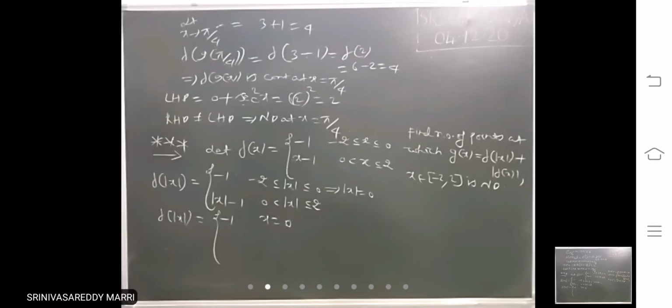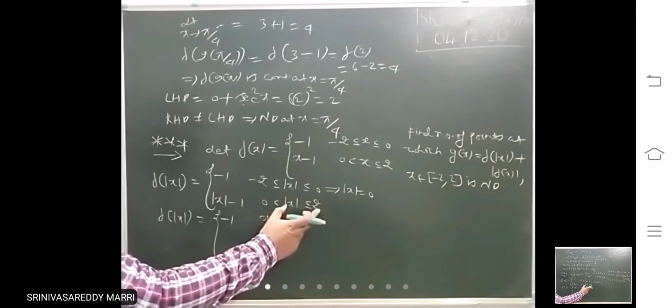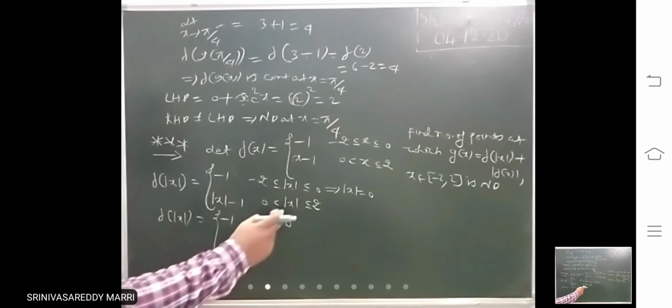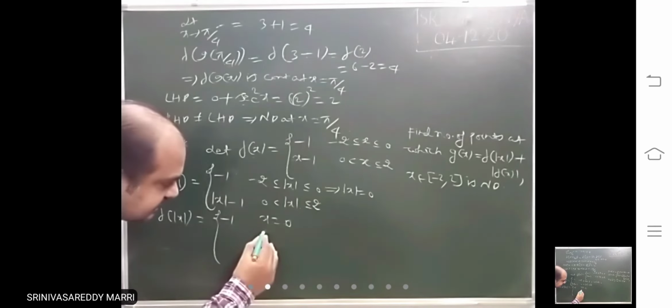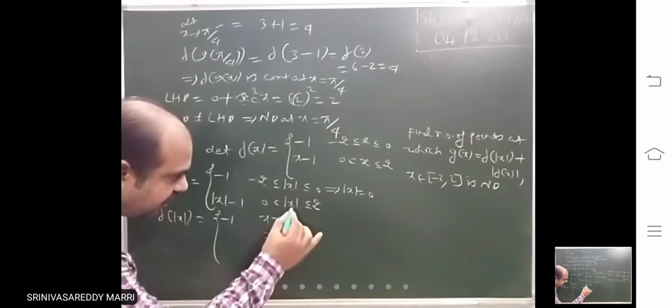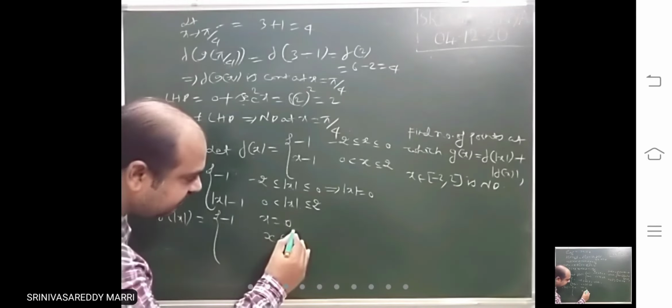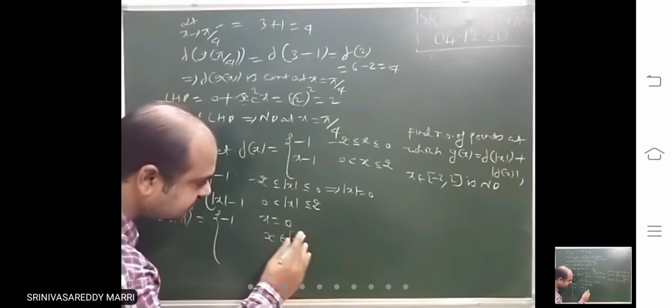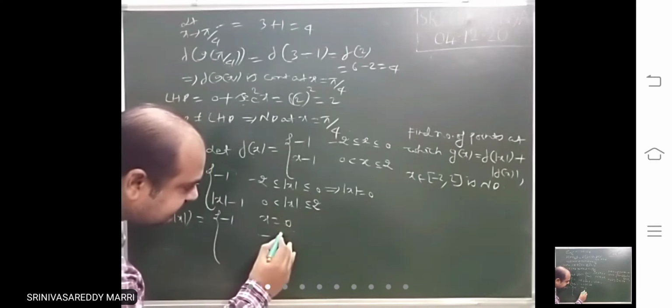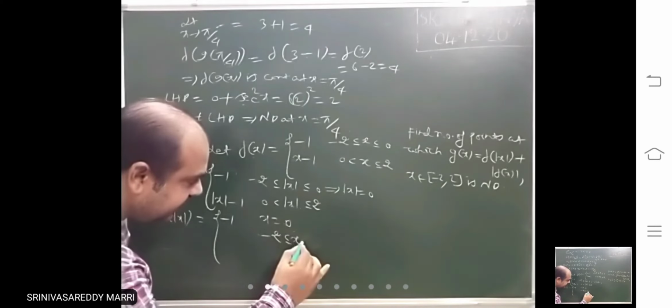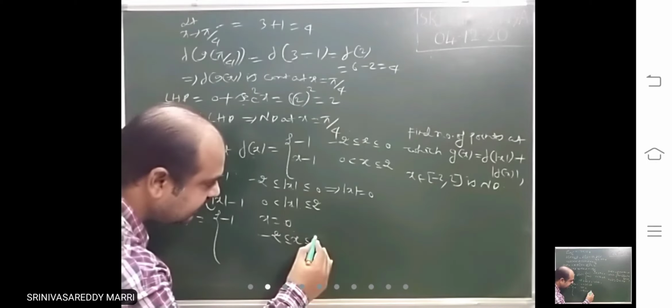Now the next condition is modulus x less than or equal to 2. That means x belongs to minus 2 less than or equal to x less than or equal to 2.